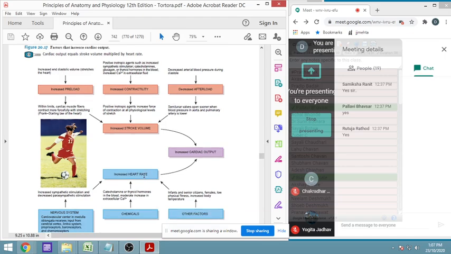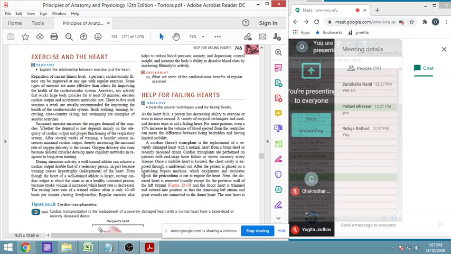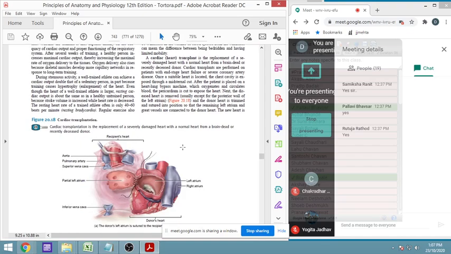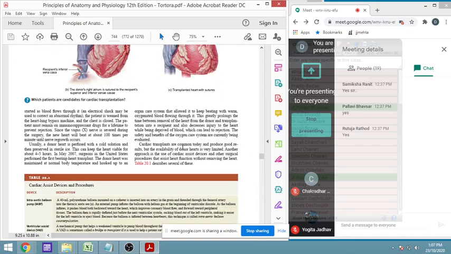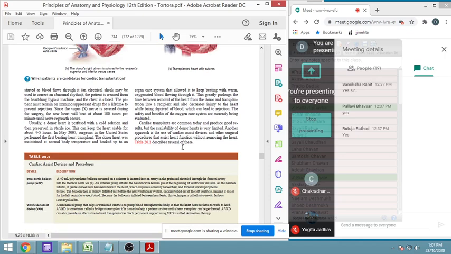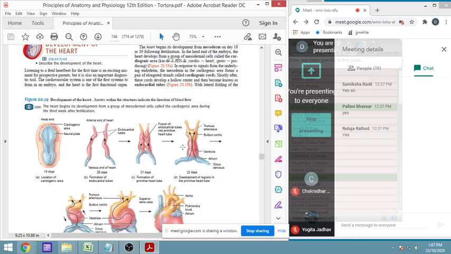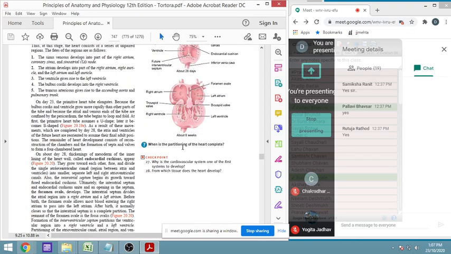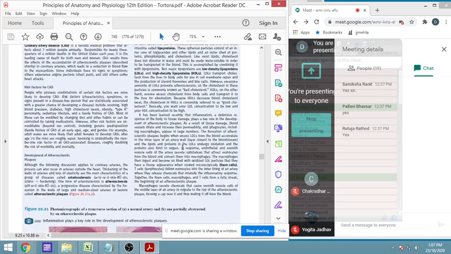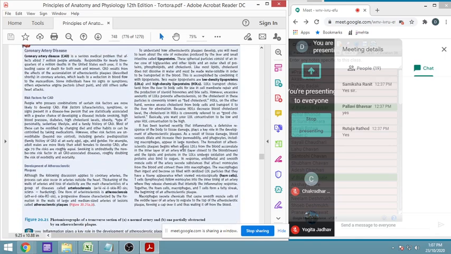We have seen the Frank-Starling law, exercise and the heart, and help for heart failure. Then we'll go to the arrhythmias directly.